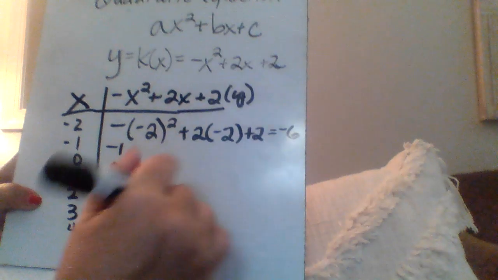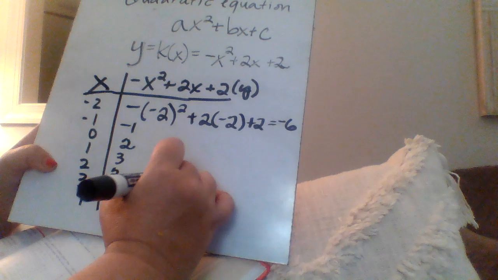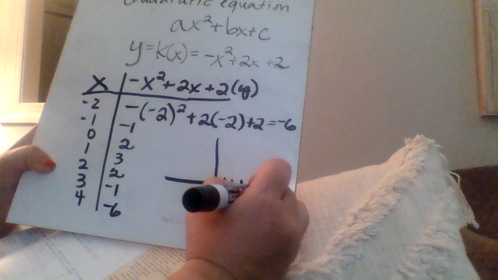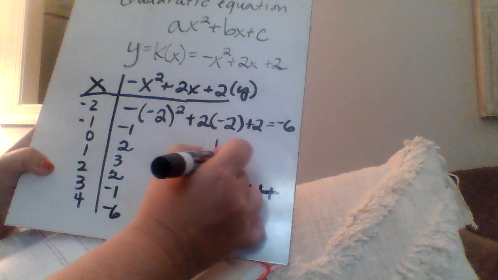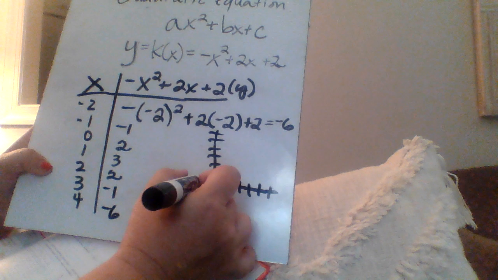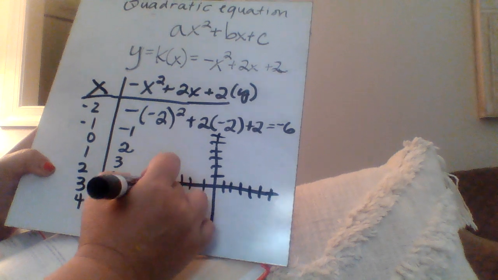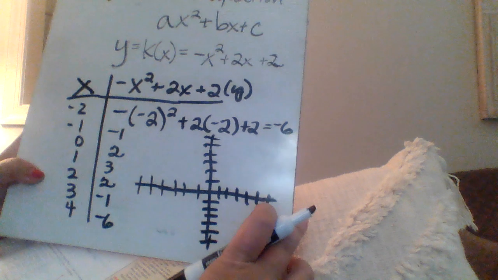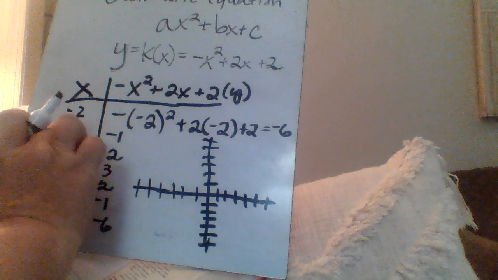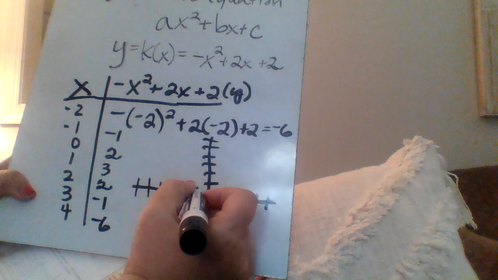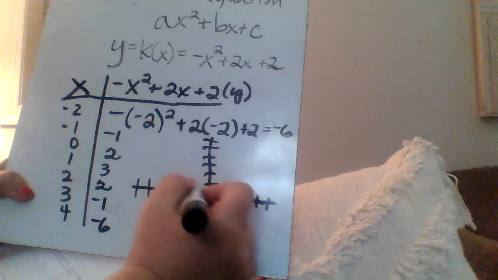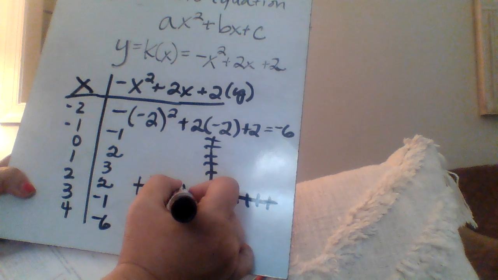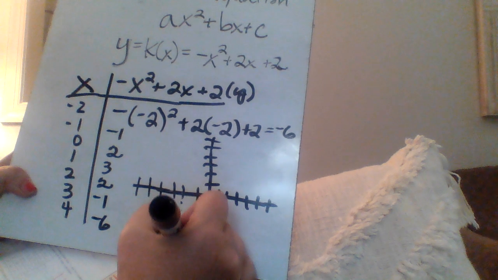So then when we graph that, our first point is going to be -2, -6. We're going to start back going in the direction here, 1, 2, then -6: 1, 2, 3, 4, 5, 6.